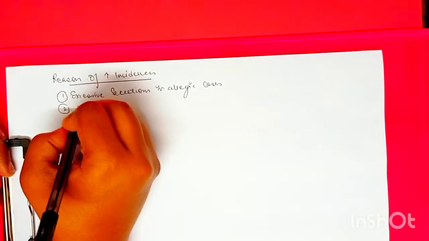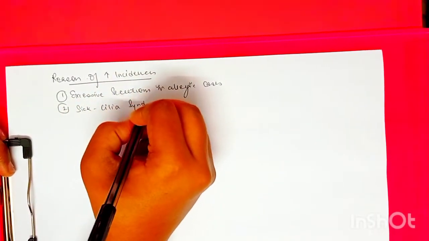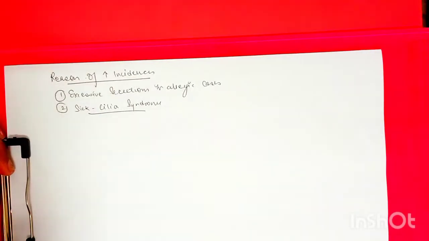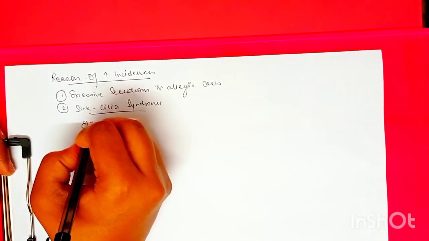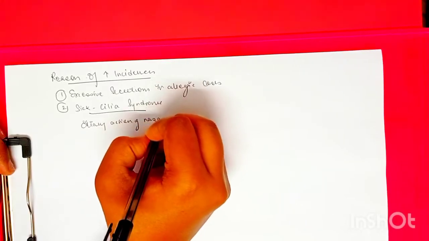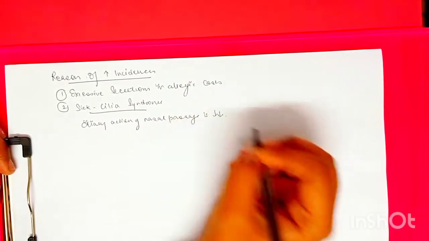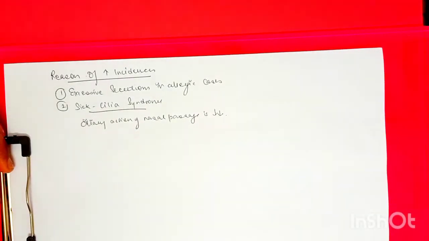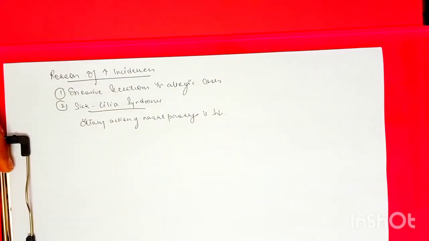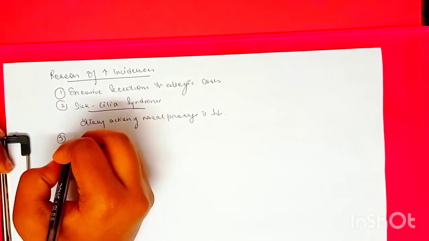There is a disease which is called sick cilia syndrome, in which the ciliary action of the nasal passage is reduced. The cilia are not doing their action of cleaning the nasal passage. So this could be a reason.